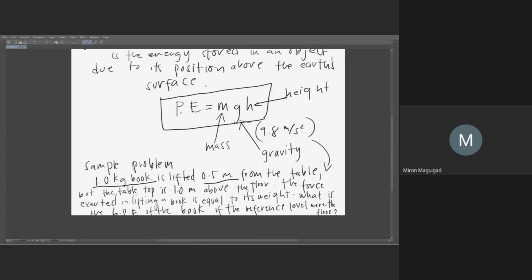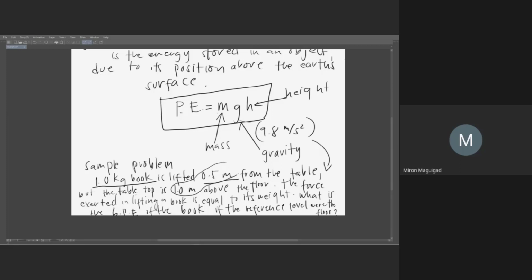Why did we use 1.5? Because the book is lifted 0.5 meter from the table, but the tabletop is 1 meter. So we combined them, because the question asks about the reference level being the floor.